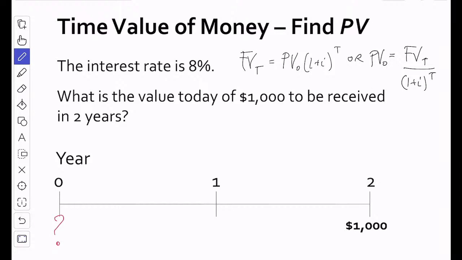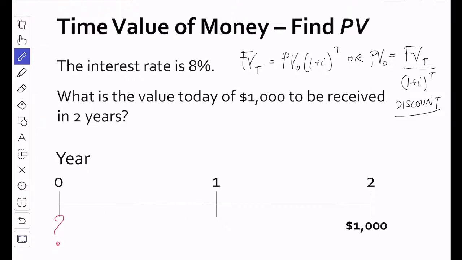So you probably learned this. I can, what's called discount, the future value to find its present value. So I can discount this future amount 2 periods to find the answer.